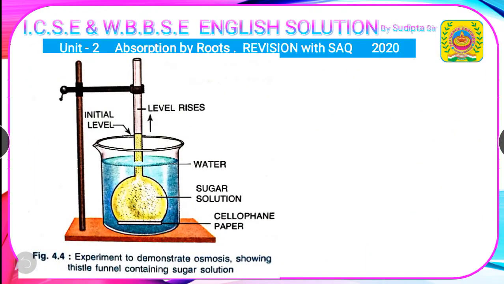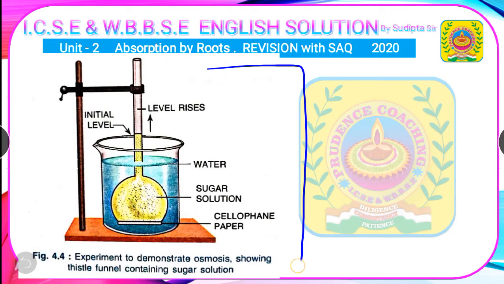Now here the experiment of osmosis has been shown. Within this thistle funnel there is concentrated sugar solution, and the cellophane paper used on the surface of the thistle funnel works as a semi-permeable membrane. Outside the thistle funnel there is a normal funnel where water is kept.